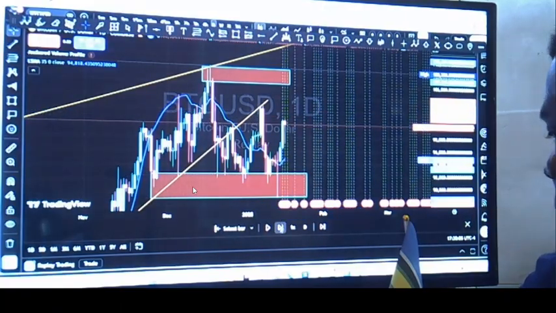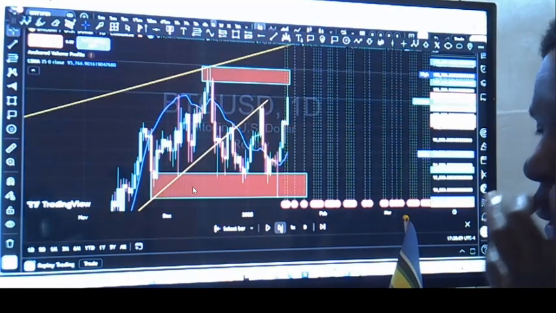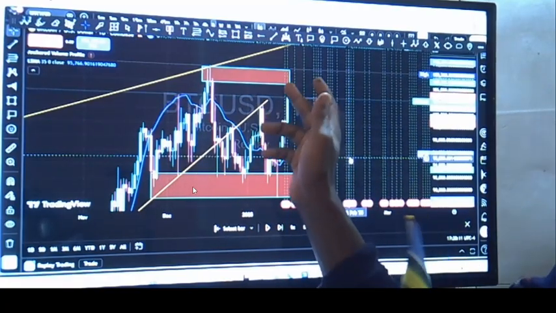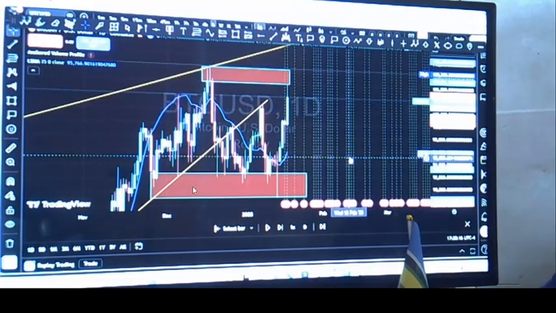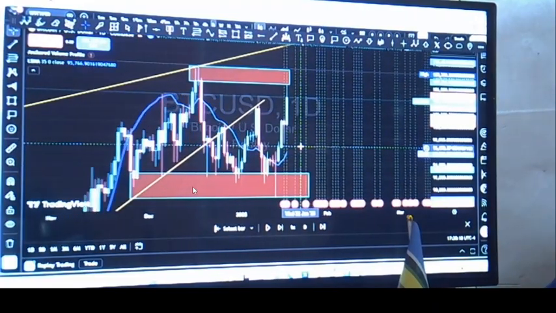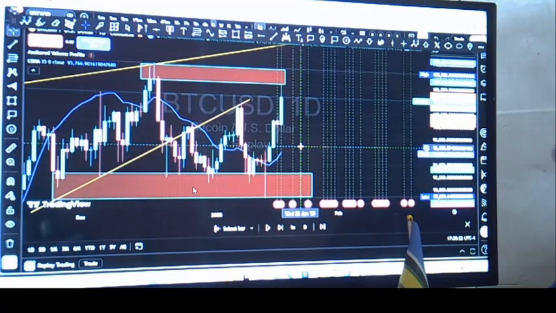So let me play it, as you can see. Yep, you see the market has come and has hit our tap here. Now let me try to zoom out a bit more clearly.